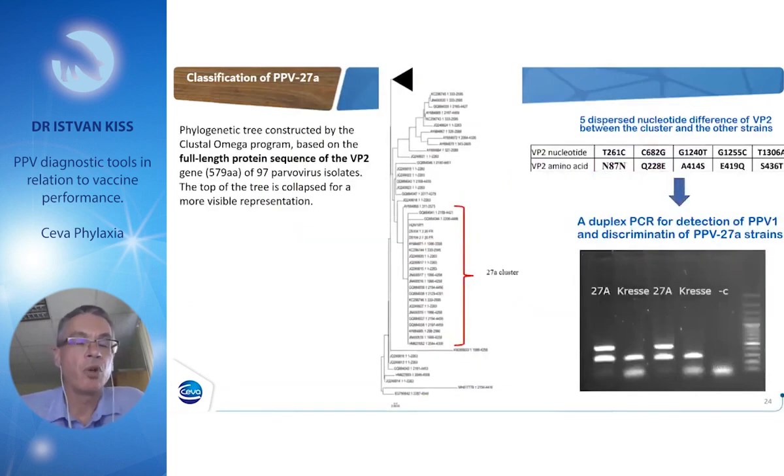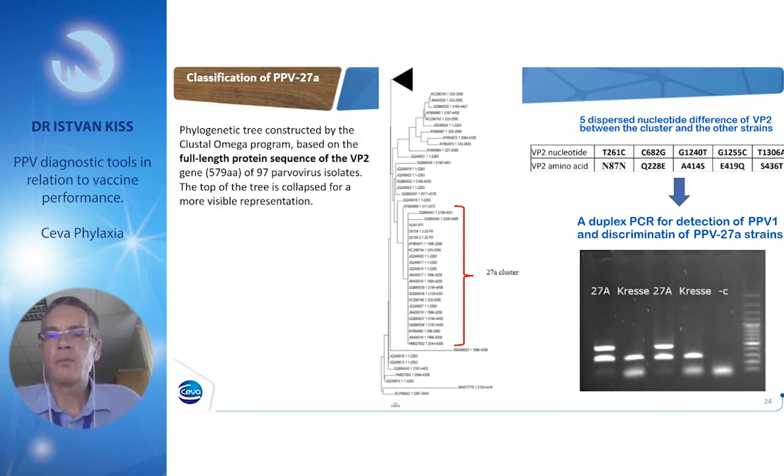Now we come closer to our target. When we got the task to deal with PPV 27A, we thought it would be important to characterize it first, and then to develop an assay that could help us detect this virus specifically.